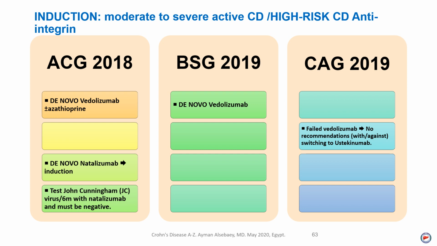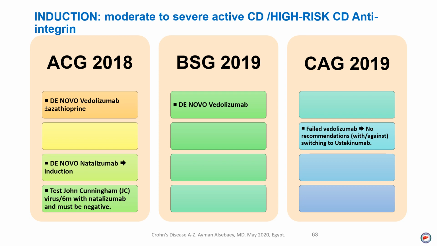So, vedolizumab can be used as a salvage drug if we have failed steroid therapy or anti-TNF therapy. We can use it de novo from the start, especially in high risk group.